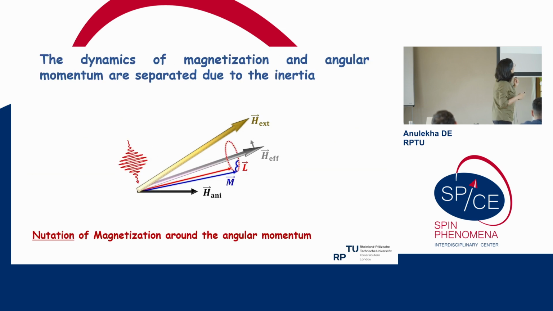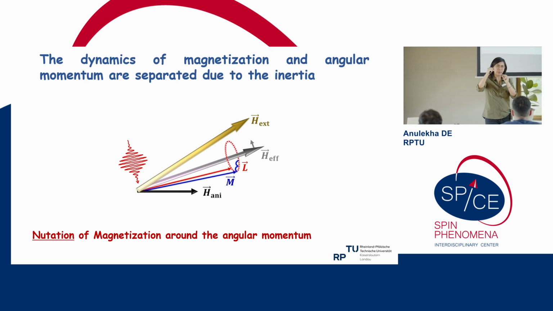But when we hit the sample with the femtosecond laser pulse, the effective magnetic field becomes time dependent for a very short time scale. And when that happens, the magnetization, or the magnetic moments, cannot instantaneously follow the angular momentum.